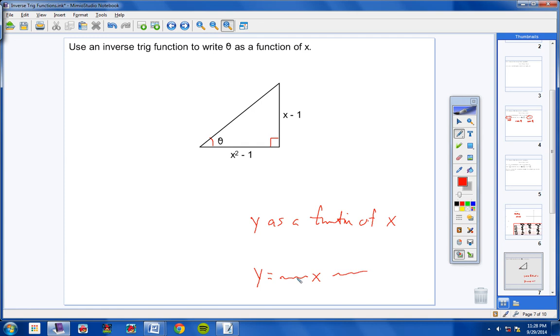Now you might have some numbers and stuff like that. That's fine, something like 5x plus 3 or something like that. But y is all by itself, and the only variable over here is x. That's y as a function of x.